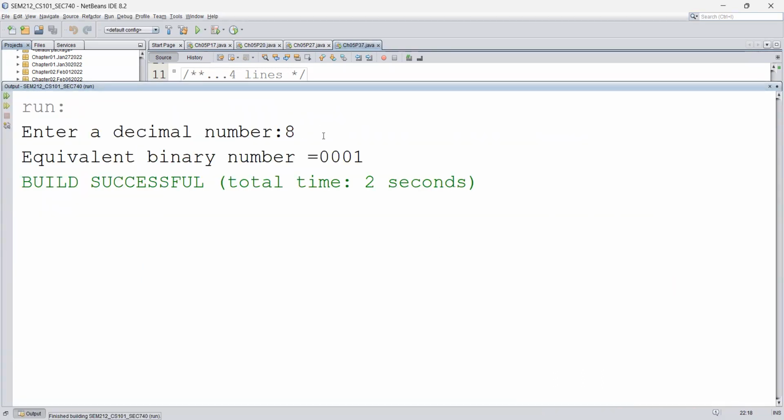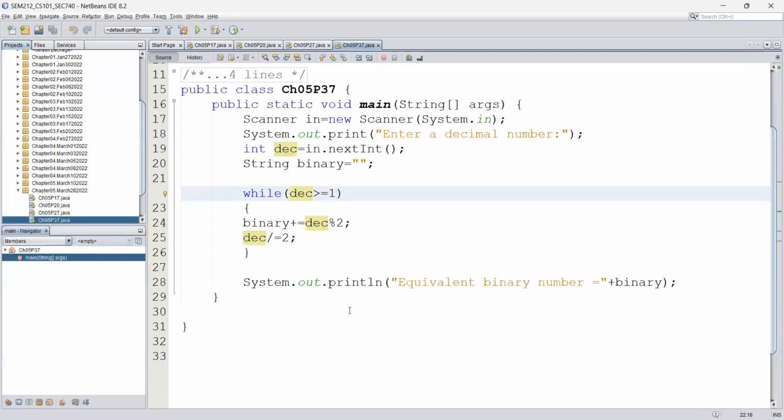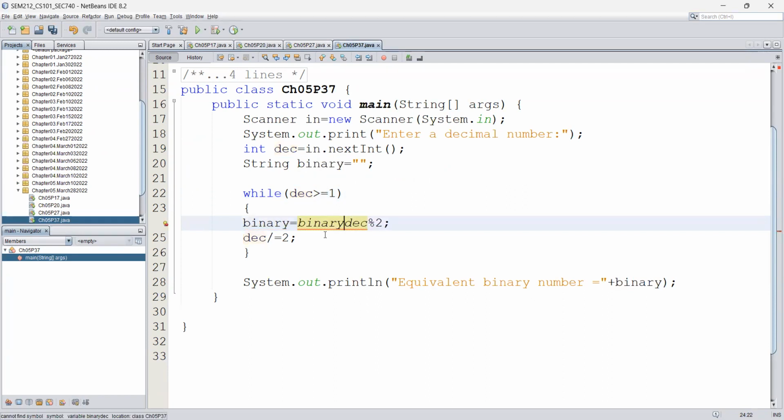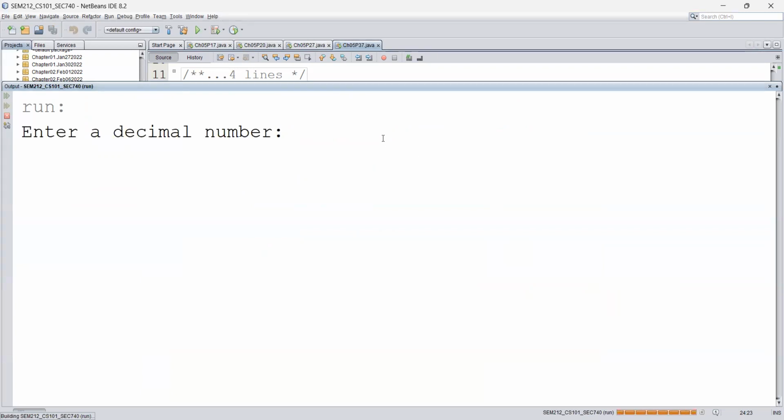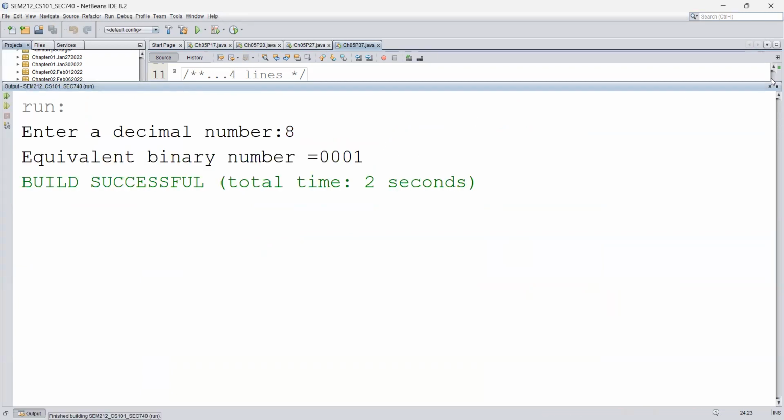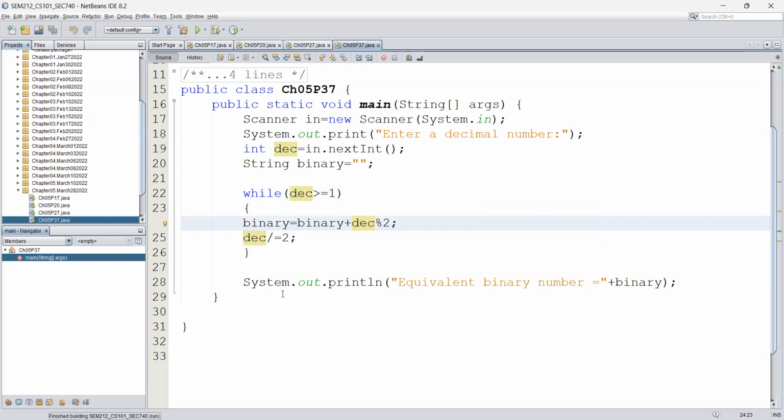The most significant bit was opposite of.